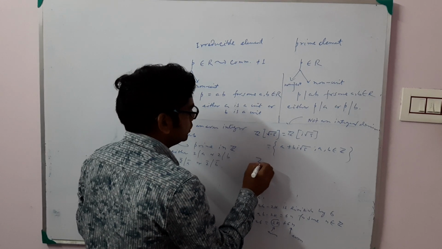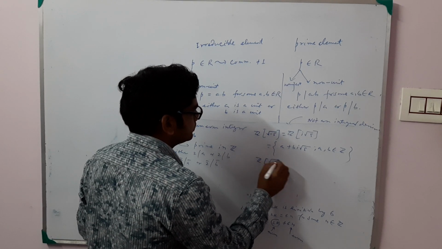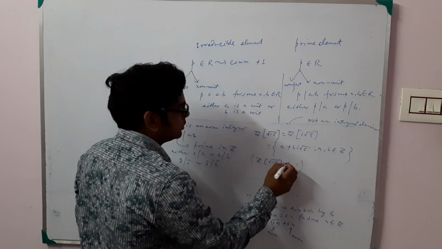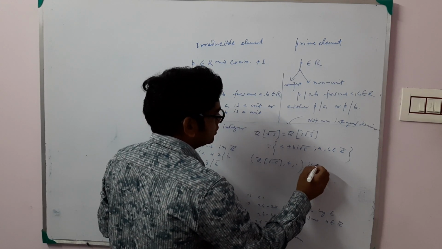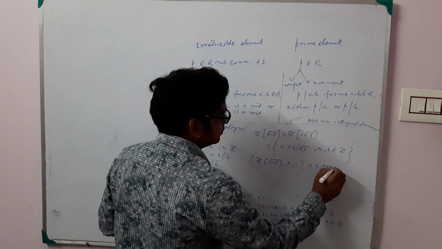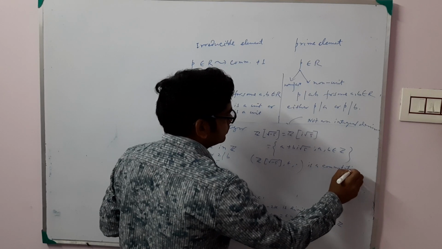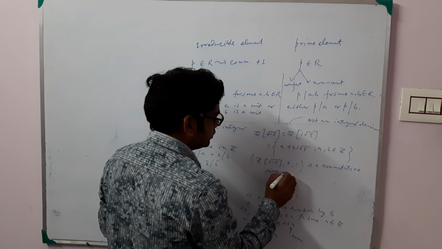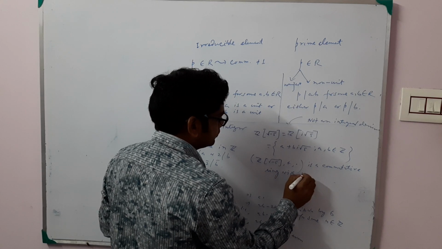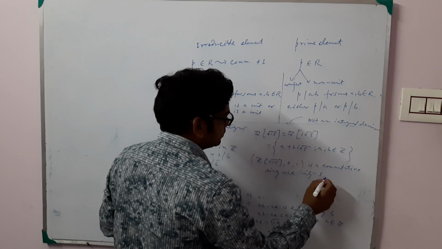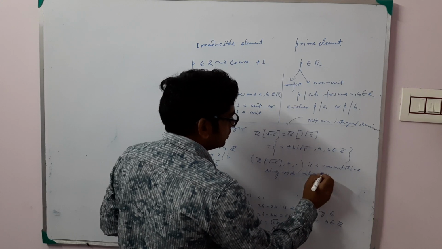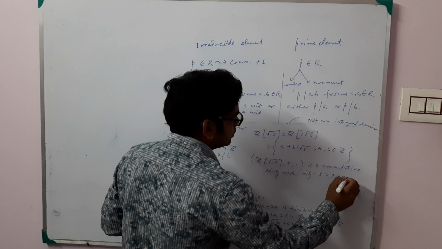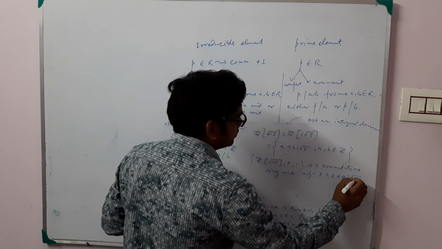We know that this with plus and dot is a commutative ring with unity 1. So here 1 is 1 plus 0 i root 5.